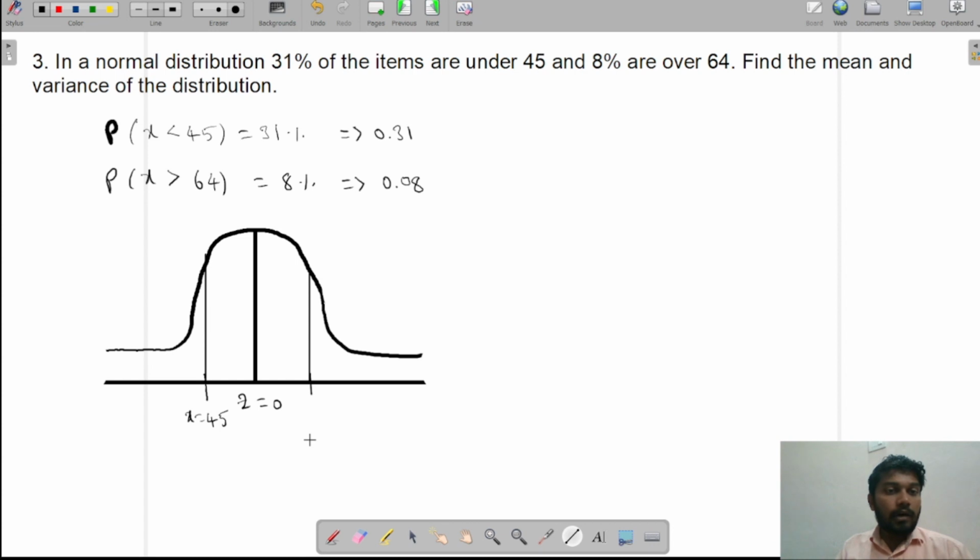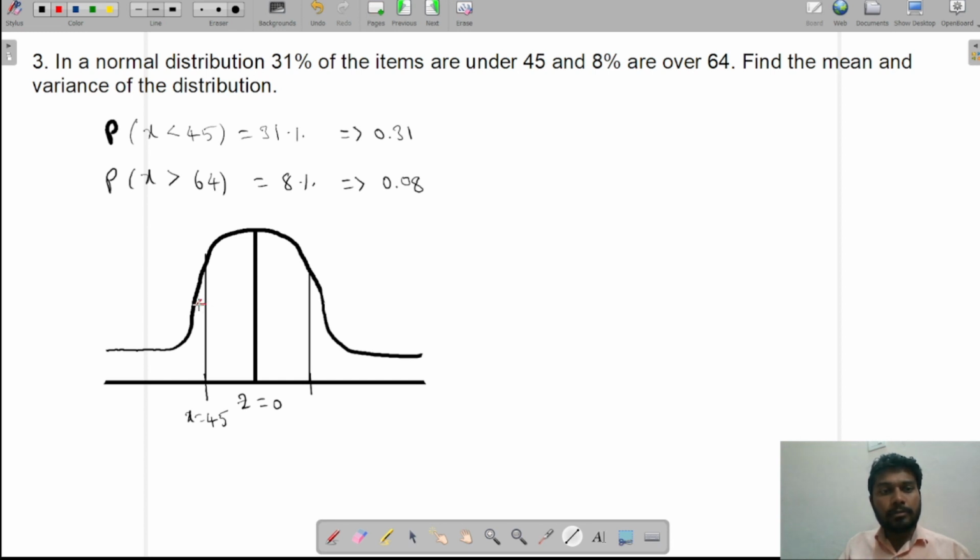Now our next question: where is the area as per the given question? Given under 45, we denoted it with the less than symbol. Whenever less than is given, your area is towards the left side.